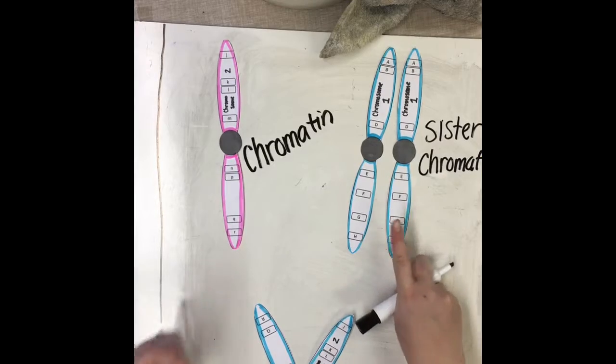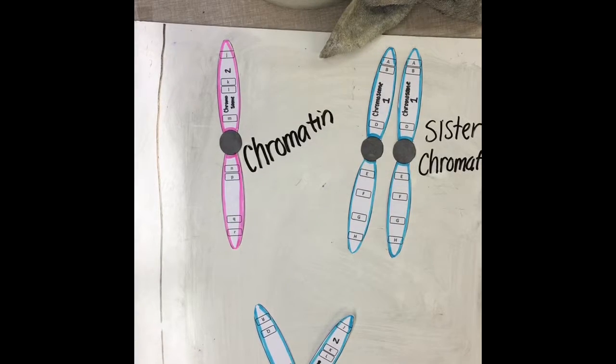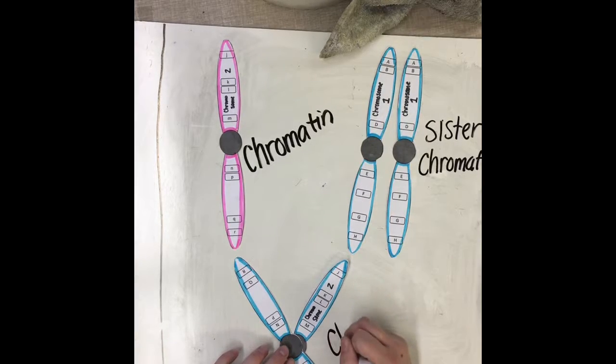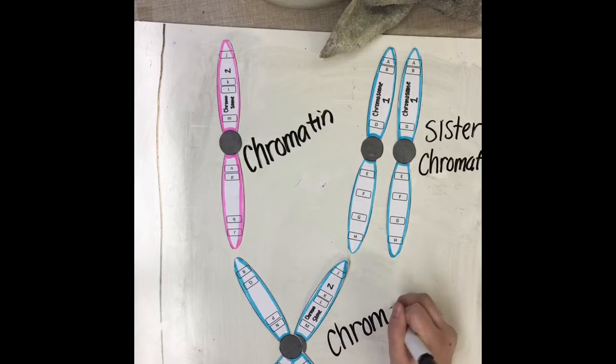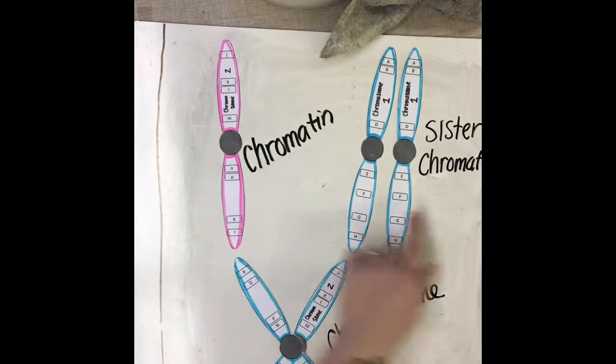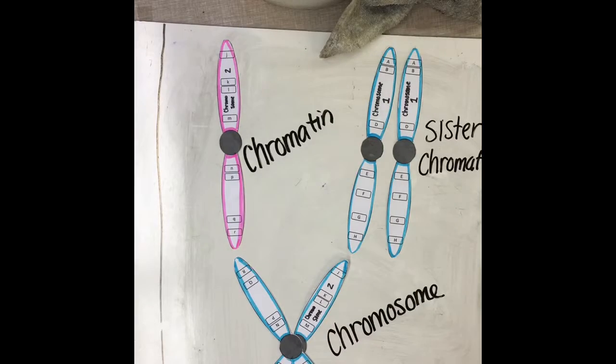Once these sister chromatids condense and pair up with each other, they form this nice looking X shape, which we call a chromosome. So chromatin, sister chromatid, and chromosome are all DNA. It's just different terms we use when we are looking at them in different forms.